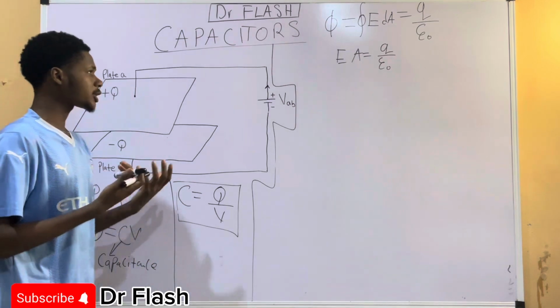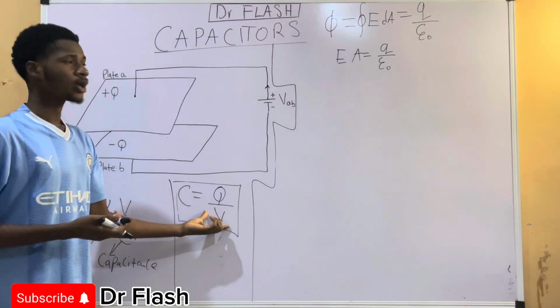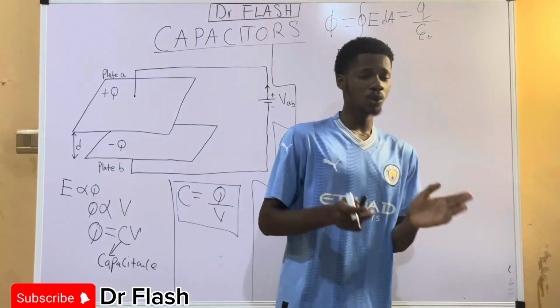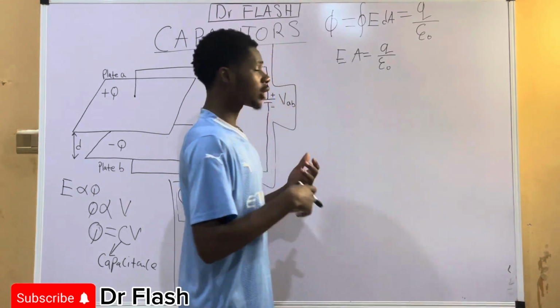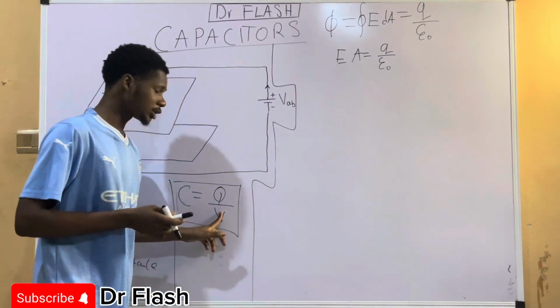Now, we want to see how we can substitute these values into what we're having here. From electric field intensity and electric potential, if you've not watched this video, I'd advise you to watch those as well. That's still on our playlist. You can watch it to get a great idea of electric field intensity and electric potential or voltage.